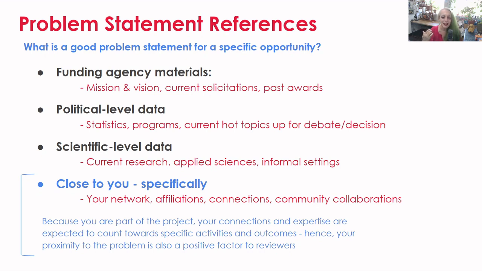Then, of course, scientific level data, the current research, applied sciences, right? Like in education, what's happening in the classroom, what's happening in the new schools, what's happening in online certification, what's happening in budgeting for big institutions, that kind of thing, and thinking of it at a scientific level as well.